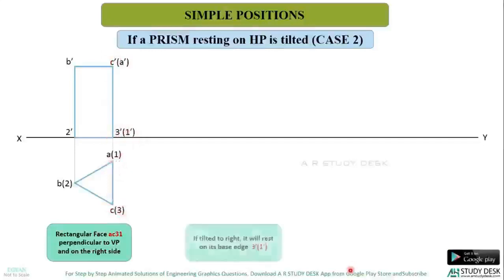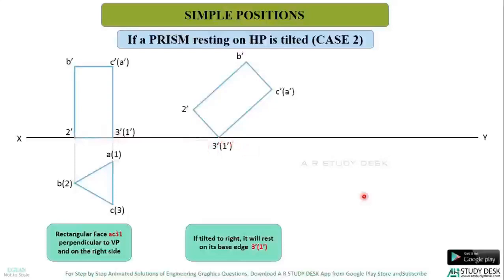Now what happens if I tilt this to the right? If I tilt this to the right, it will rest on this particular edge. This is an edge. Why? Because it is 3 dash 1 dash. It is a line. So it is an edge. What edge is it? It is the base edge. The base is 1, 2, 3. So 1, 3 is the base edge.